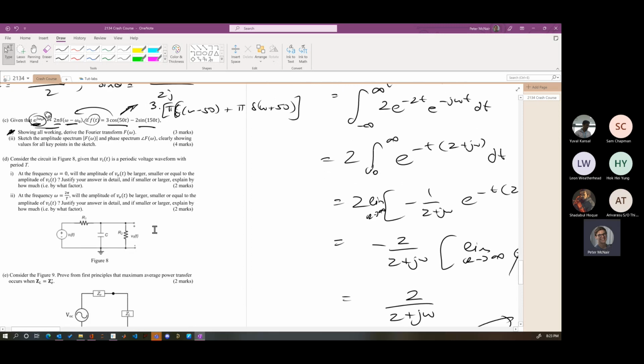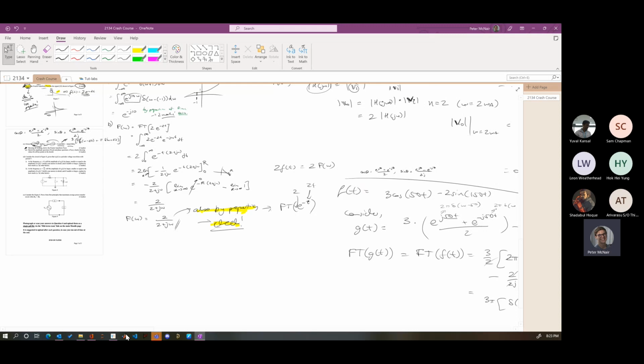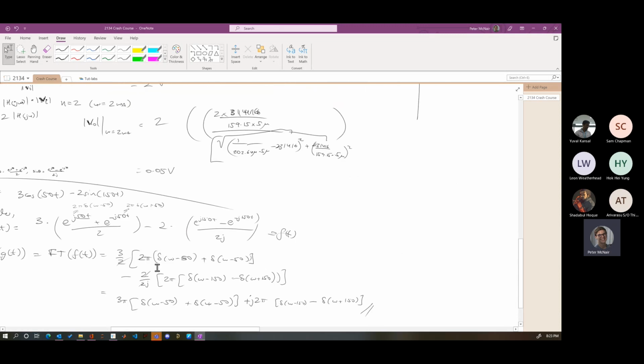And now we want to sketch the amplitude and phase spectrum. So here we've got our F of omega. Let's begin with the phase of F of omega. I might just draw these two top and bottom. Sorry, not the phase, the magnitude. Let's start with our magnitude.